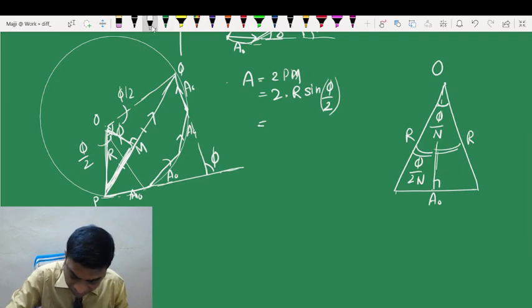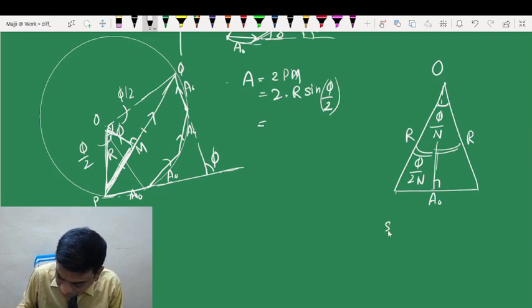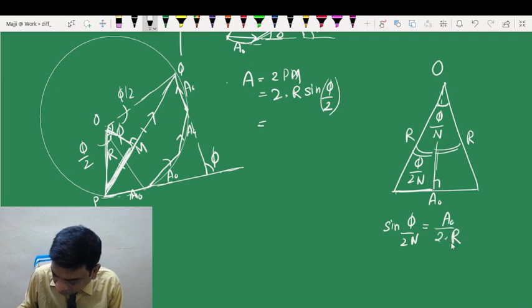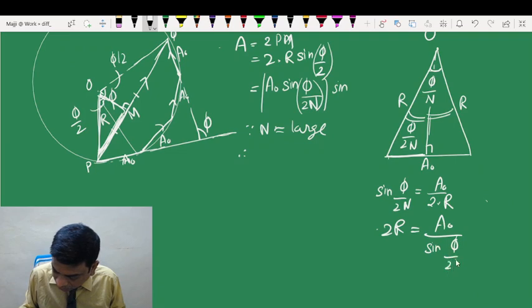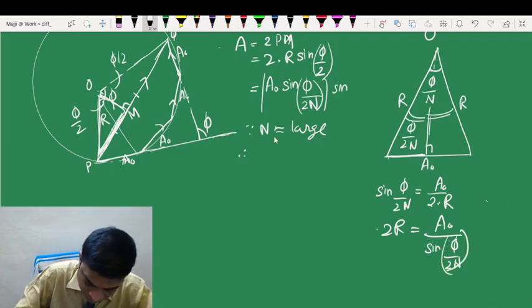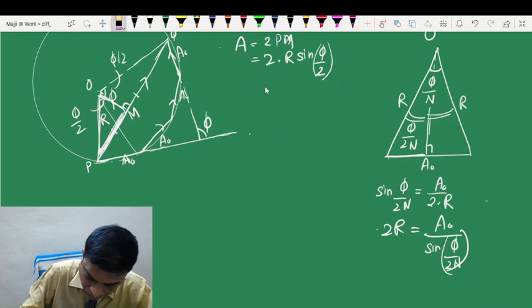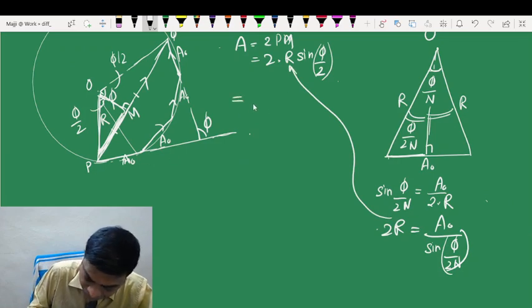In this right angled triangle, I can write sine of phi by 2n is equal to perpendicular, that is A naught by 2, upon R. So in the place of 2R I can write A naught upon sine phi by 2n, into sine phi by 2.